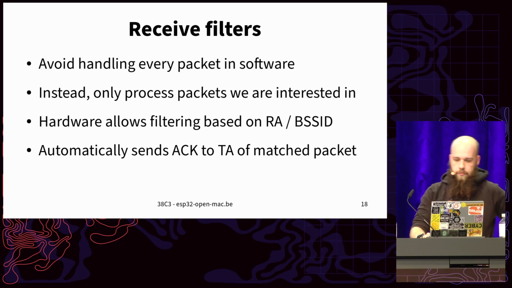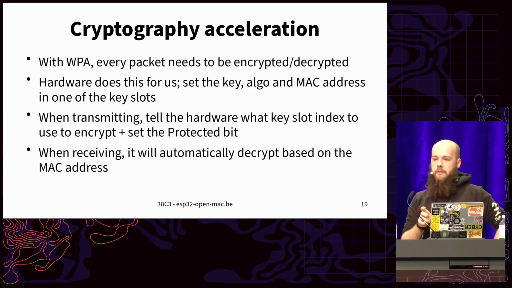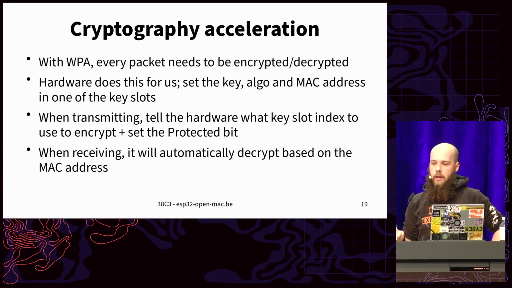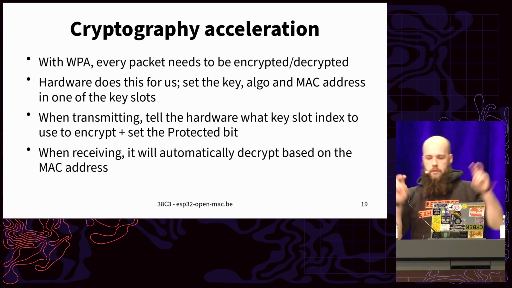And in the past week, we also began reverse engineering the cryptography acceleration that is used in protected networks, so for example, WPA networks. The hardware also does that for us, because every packet needs to be encrypted and decrypted. So you basically have to store the key that you want to encrypt the packet with, the algorithm that is used, and the MAC address, and then the key index in a key slot.